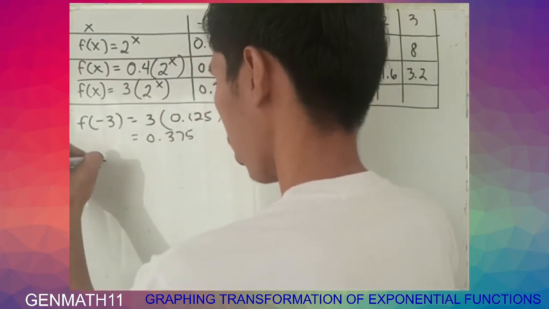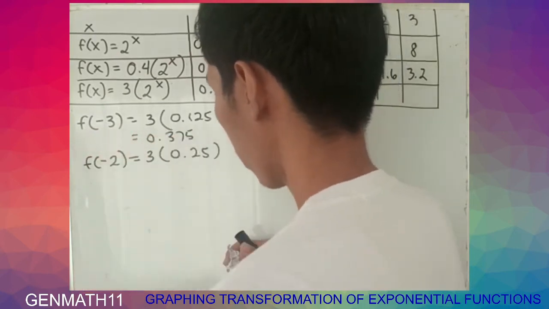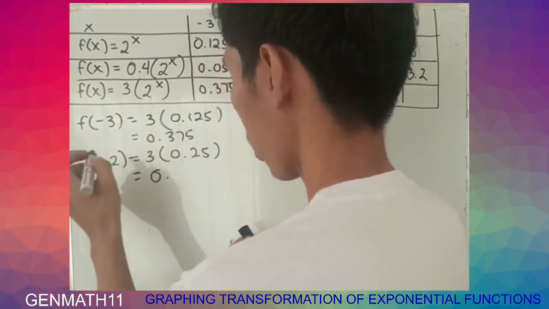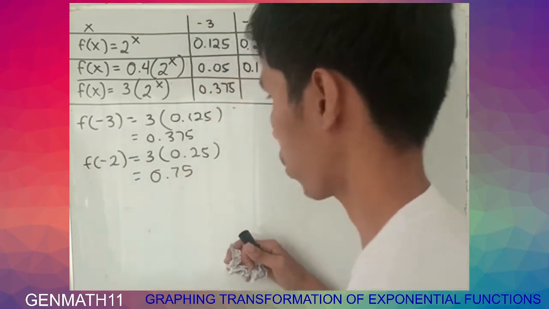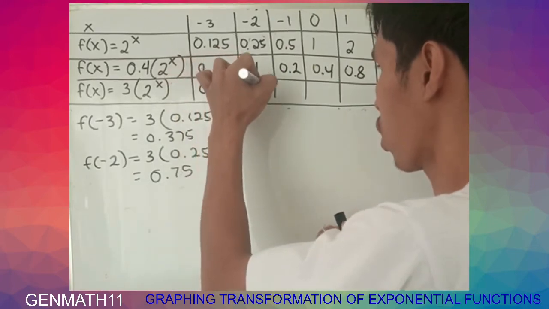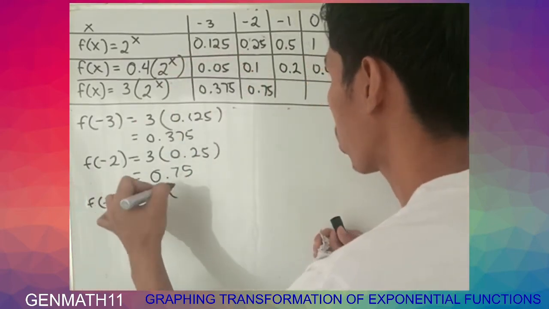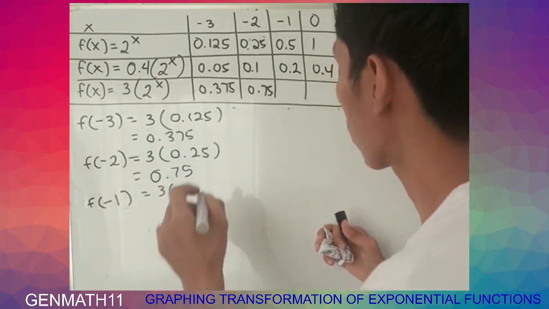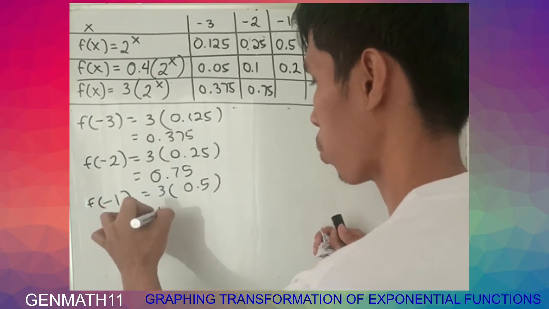Next, negative 2. So, 3 times 0.25 is 0.75. Next, negative 1. So, 3 times 0.5. It will be 1.5.